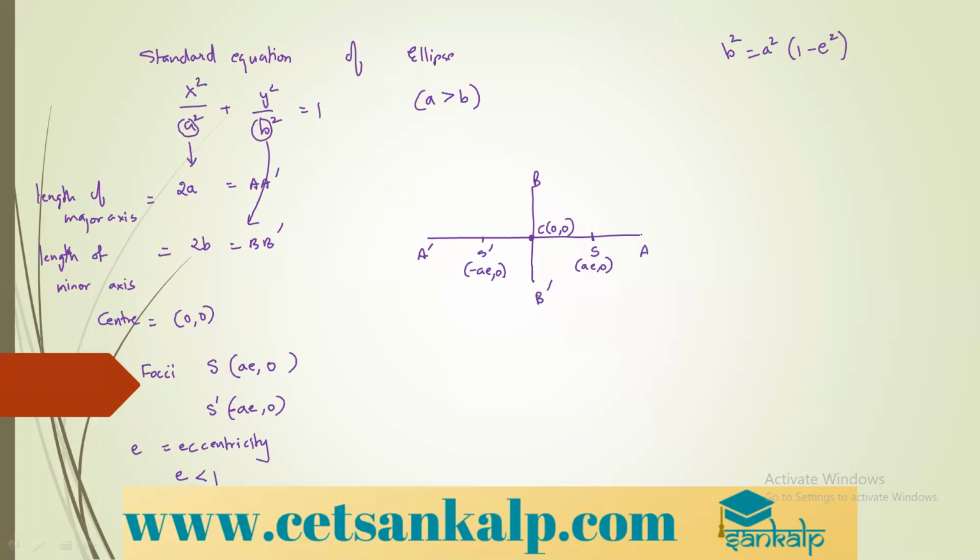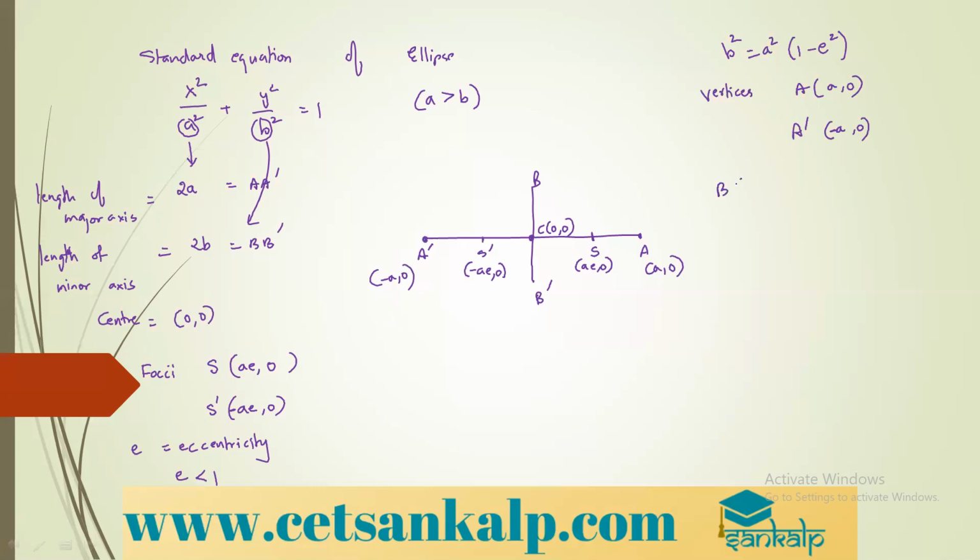Now, A and A dash are called vertices of the ellipse. The next point is vertices are A, that is A, 0 and A dash, that is minus A, 0. So A is A, 0, A dash is minus A, 0.